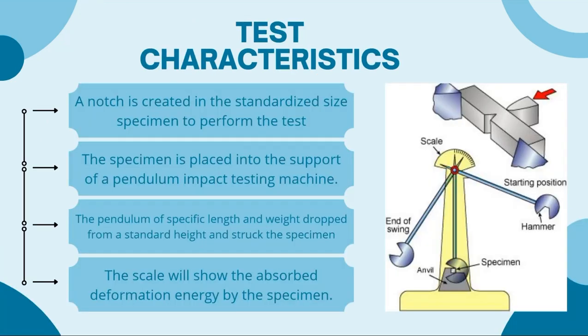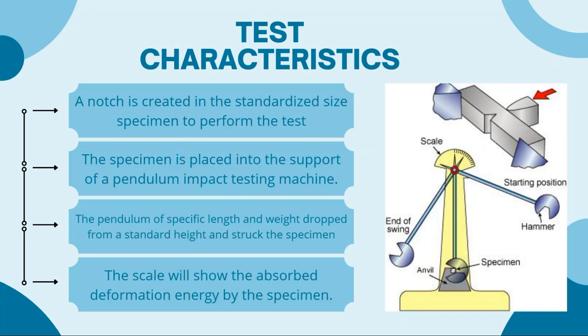And the test characteristic is notch. A notch is created in the standardized size specimen to perform the test, and the specimen is placed into the support of a pendulum impact testing machine. The pendulum of specific length and weight drops from a standard height and strikes the specimen.